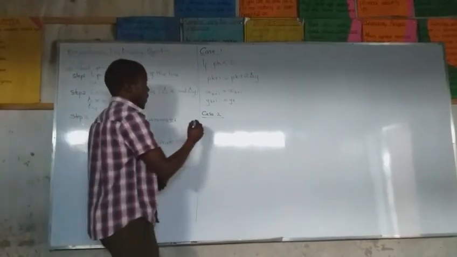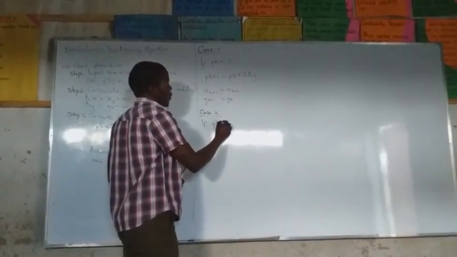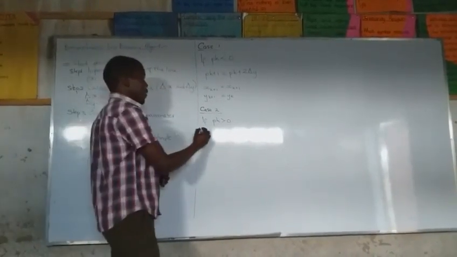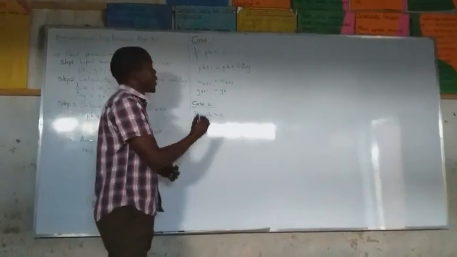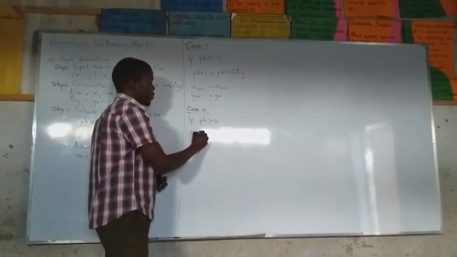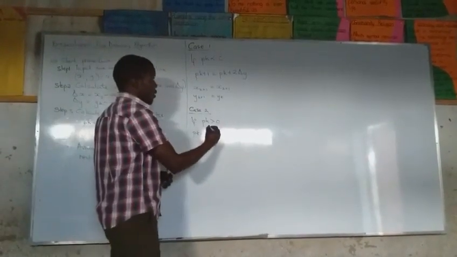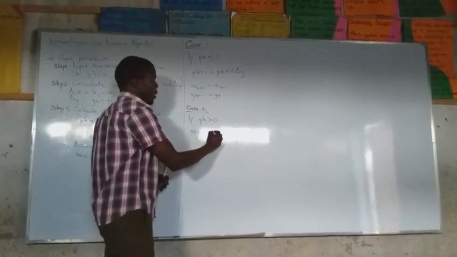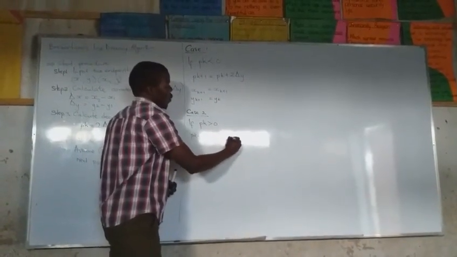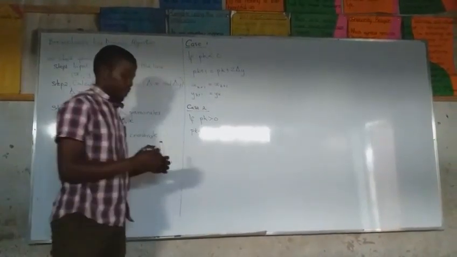Case 2, if pk is greater than 0, the next decision parameter, that is pk plus 1, will be calculated by adding the current decision parameter pk plus 2 delta y minus delta x.